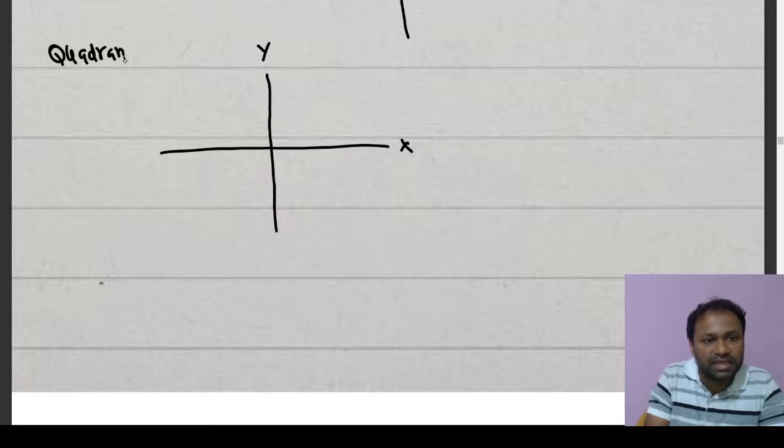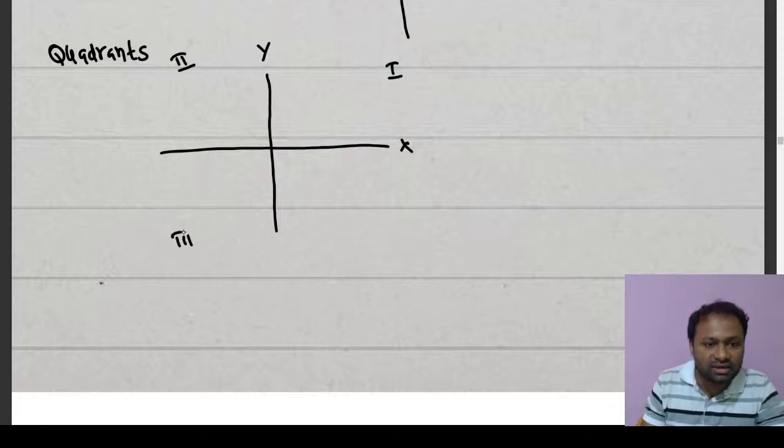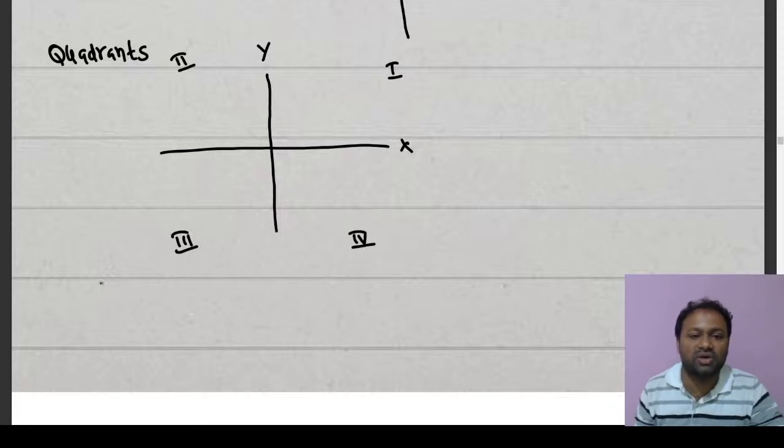Quadrants means 4 parts. Okay, so this is called first quadrant and this is called second quadrant and this is called third quadrant and this is called fourth quadrant. Total 4 quadrants are there.